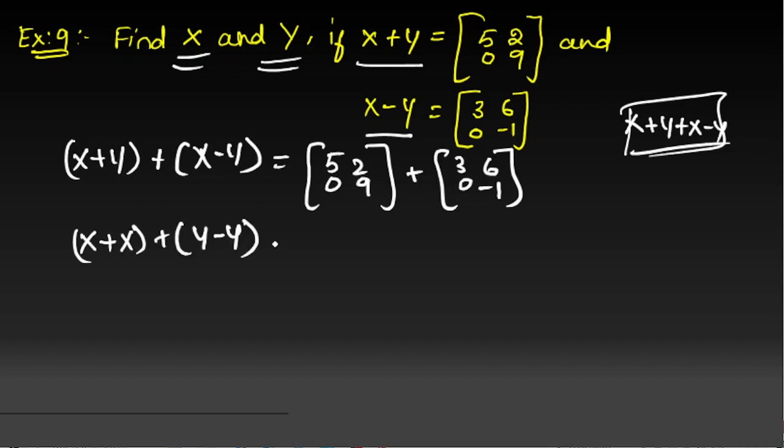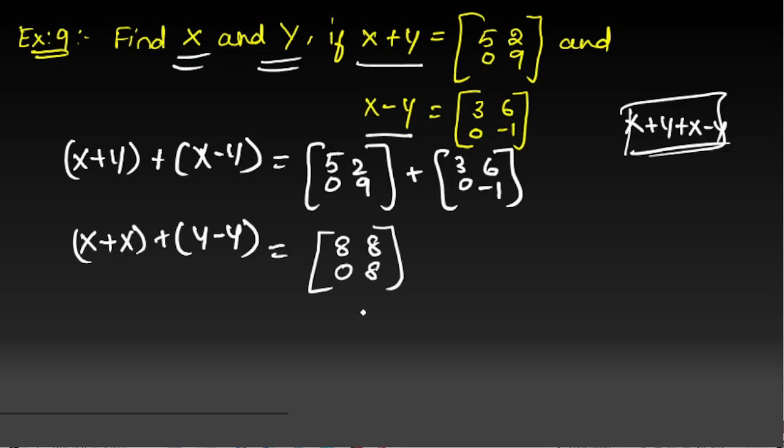Now I add the values: 5 plus 3 is 8, 0 plus 0 is 0, 2 plus 6 is 8, and 9 minus 1 is 8. So you get this value.